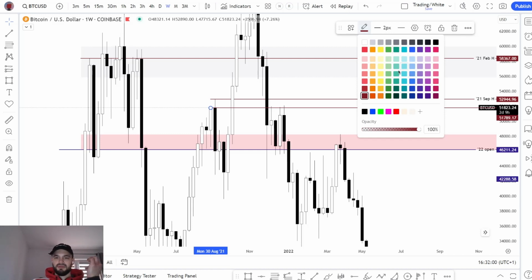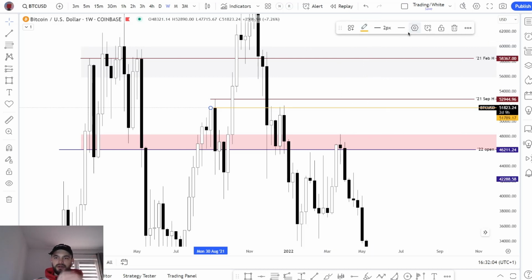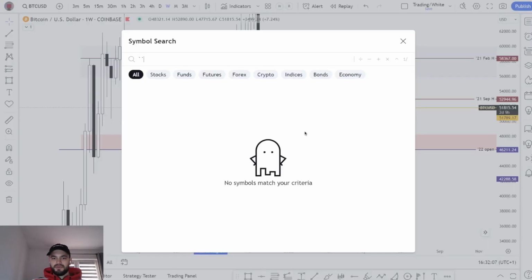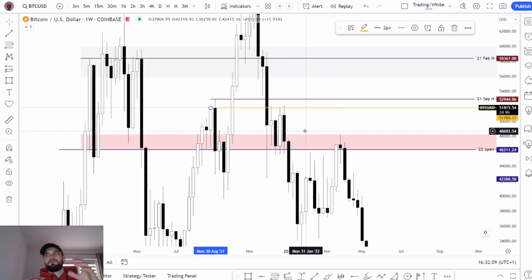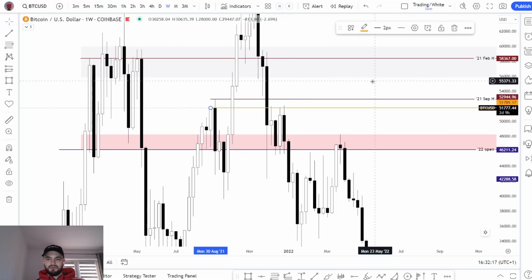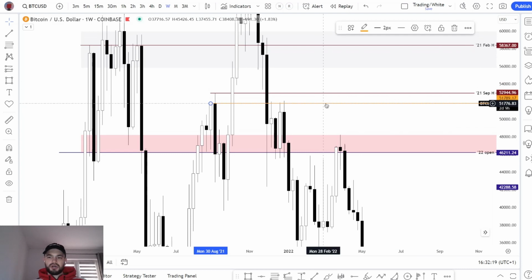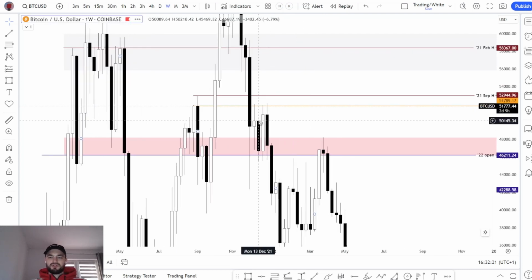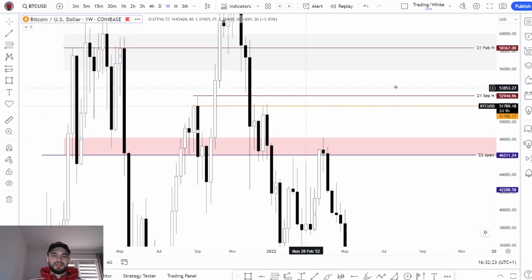Maybe dark yellow. Yeah, why not? So you could technically make a legend for all of this, but now we know that dark yellow, let's make it orange, maybe it would be better. Yeah, orange is the color for the weekly significant levels.